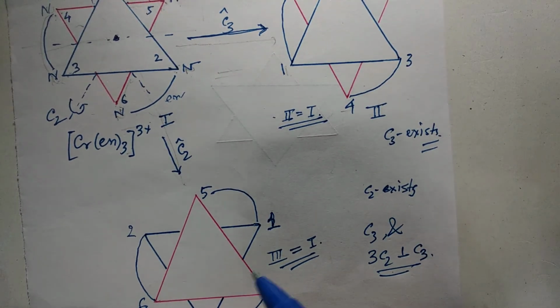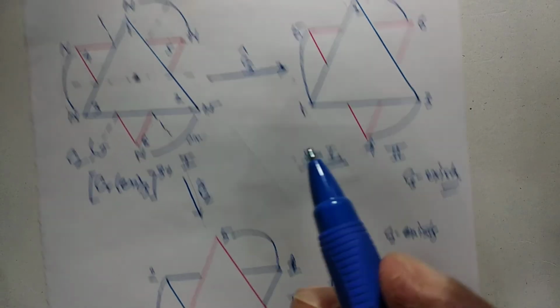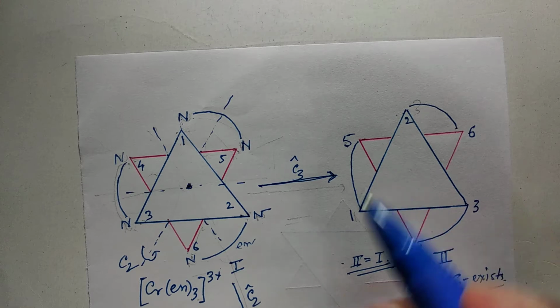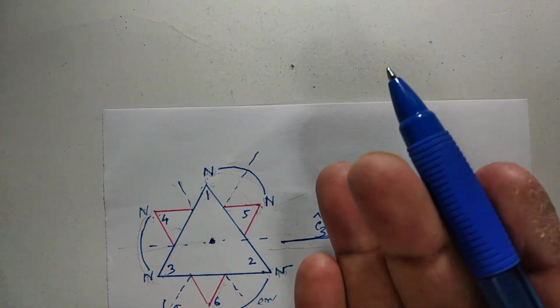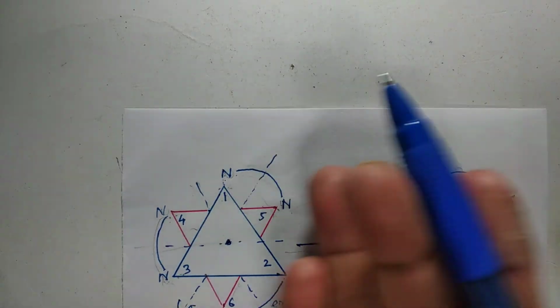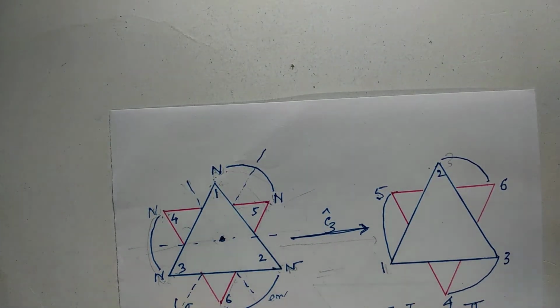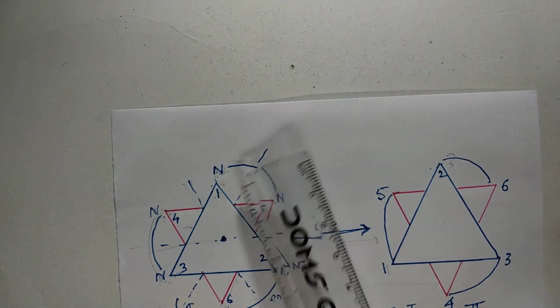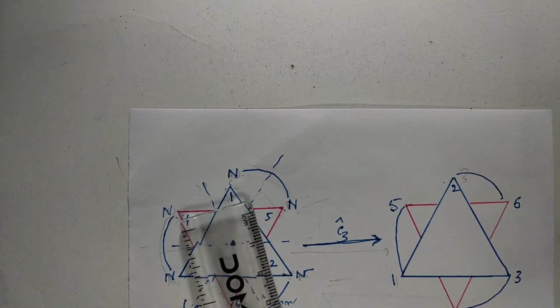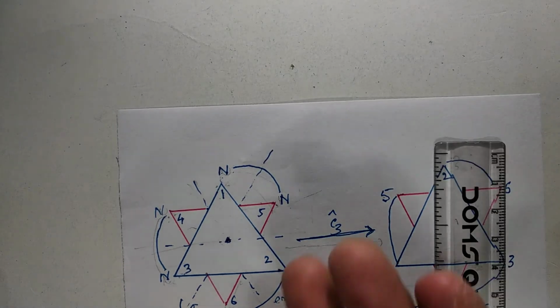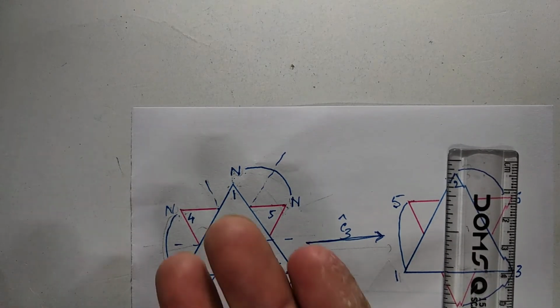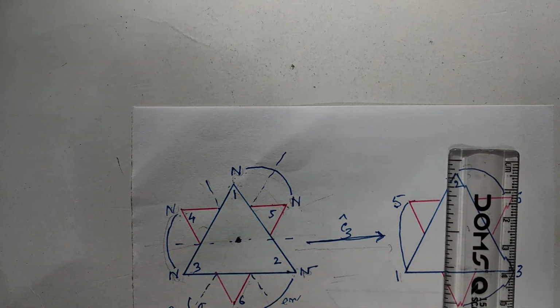Now, let us try to find whether any symmetry plane exists or not. If we imagine a horizontal symmetry plane means a plane between these two triangles and perpendicular to the principal axis. If we imagine a plane between the two, one is above the plane and another is below the plane.